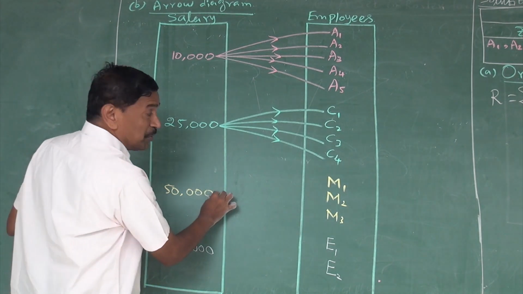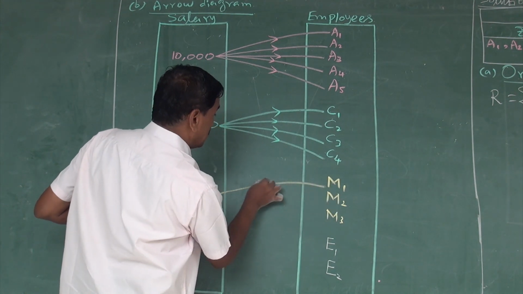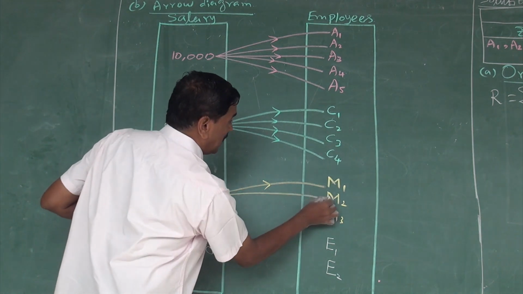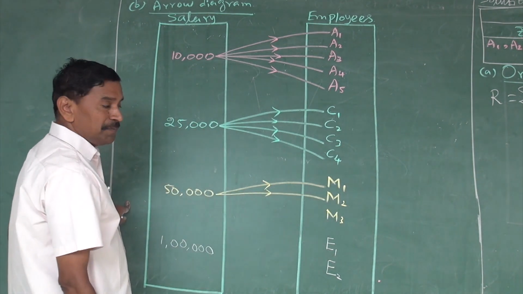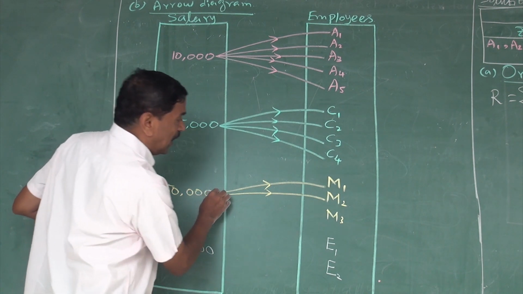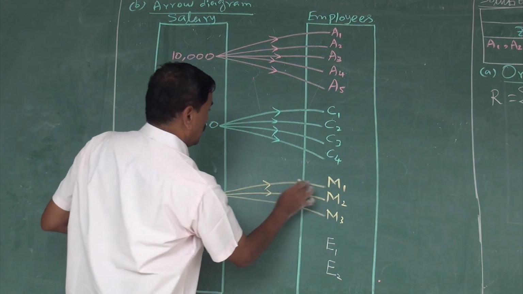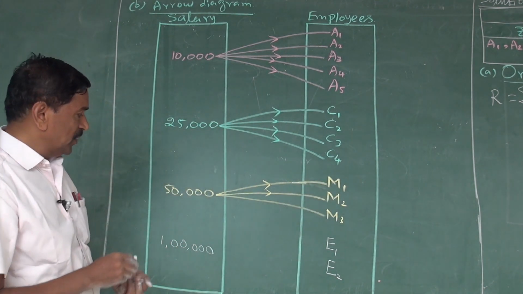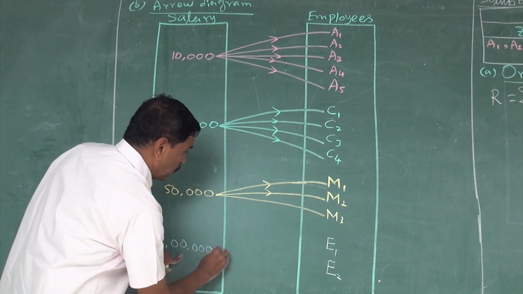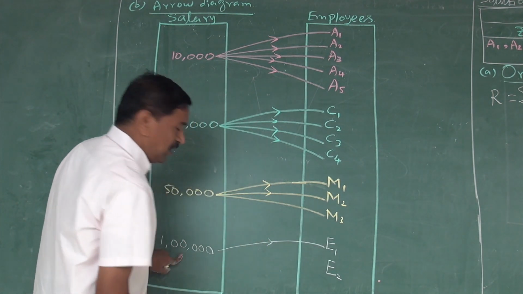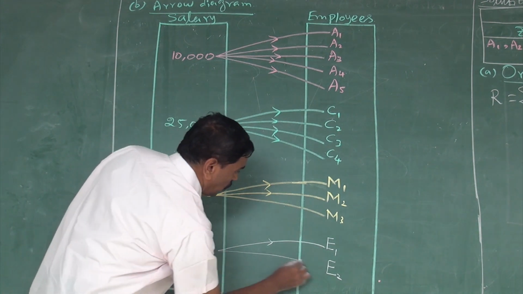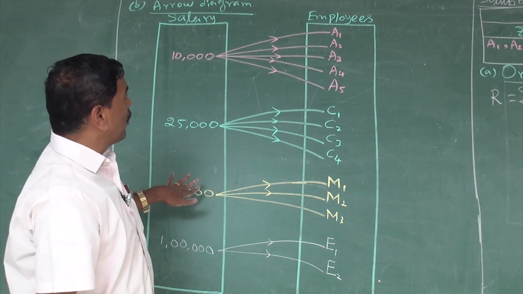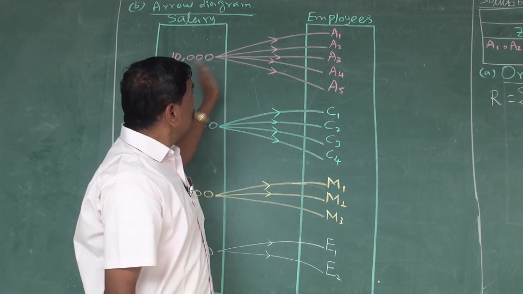Yes, 50,000 is related to manager 1, manager 2, and manager 3. Now next, 1 lakh is related to executive officer 1 and 1 lakh is related to executive officer 2. So this is the required arrow diagram for salary to employees.